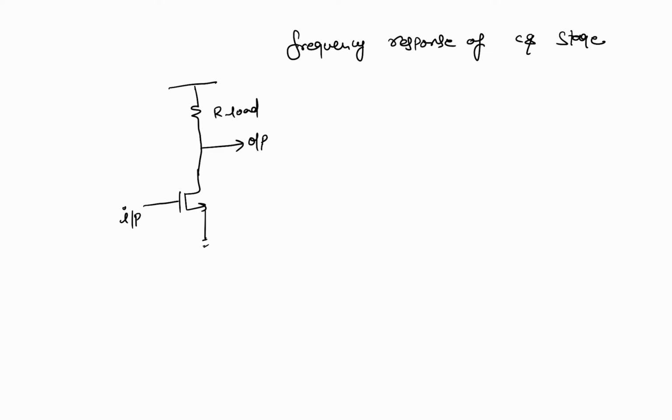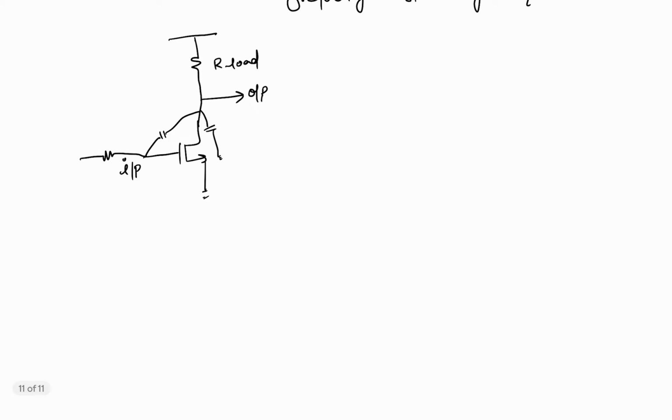There will be some capacitance at this node, and the input is coming from the previous stage, which can also have some resistance. Now we will find the small signal diagram of this circuit.